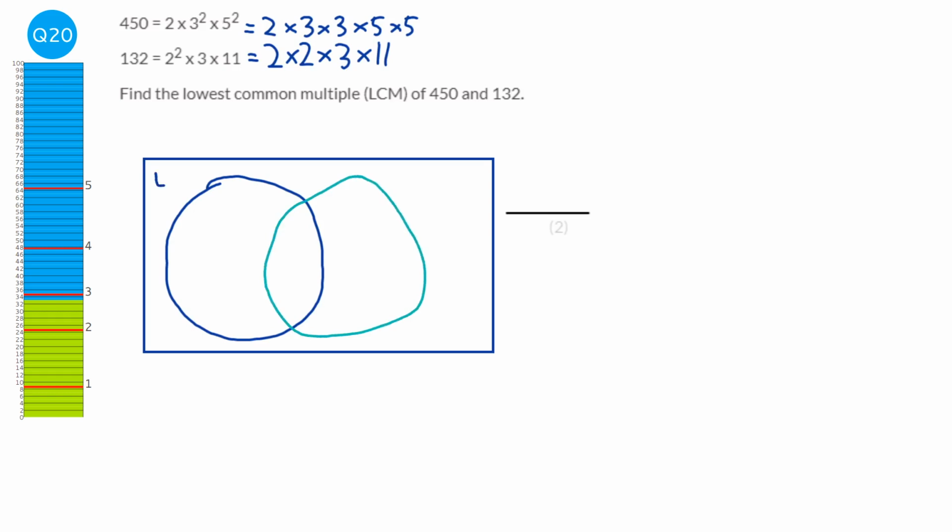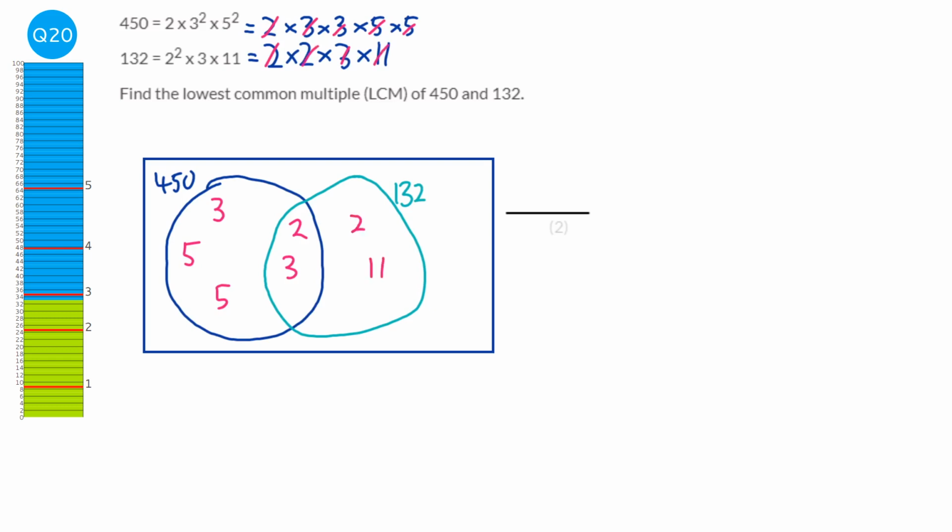So 450 is on the left hand side and 132 is on the right hand side. And we're going to start filling out the Venn diagram. They both have a 2 in them and they both have a 3. But 450 has a 3, a 5 and a 5. And 132 has that 2 and the 11.